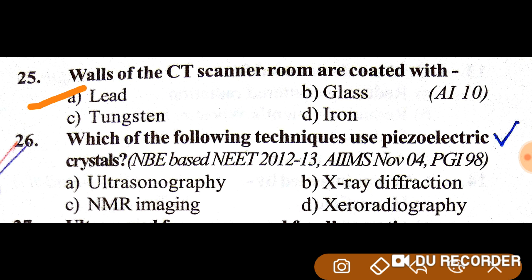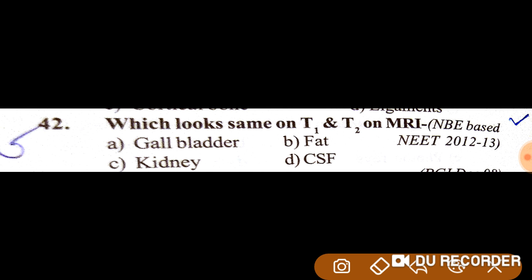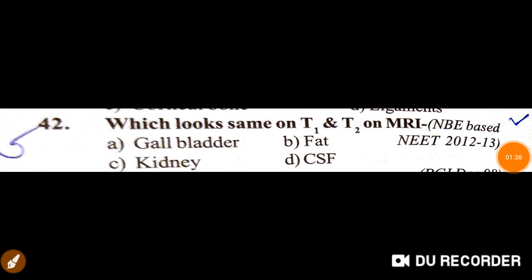Which of the following techniques uses a piezoelectric crystal? That is ultrasonography. Now, which looks the same on T1 and T2 on MRI? That is fat. Fat is going to look the same on MRI.